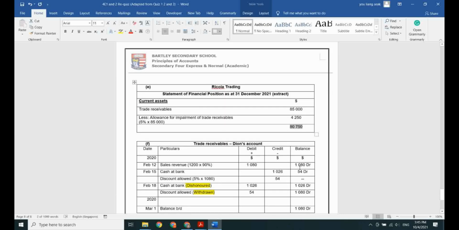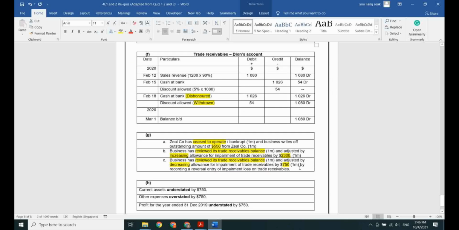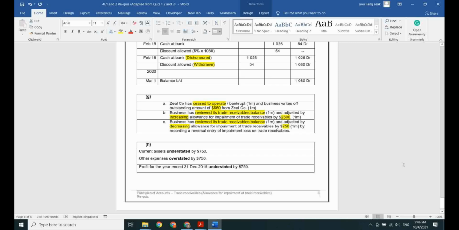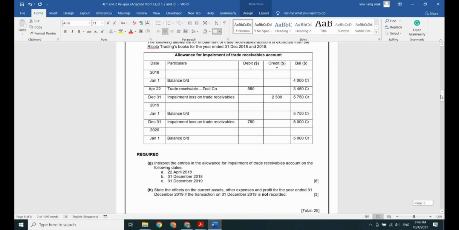So let's say, for what the question is asking, the transaction on 31st December 2019 is not recorded, meaning this one. If this is not recorded, you know that this is a reversal of 750, because we know that we are debiting the OPA account and crediting expense.